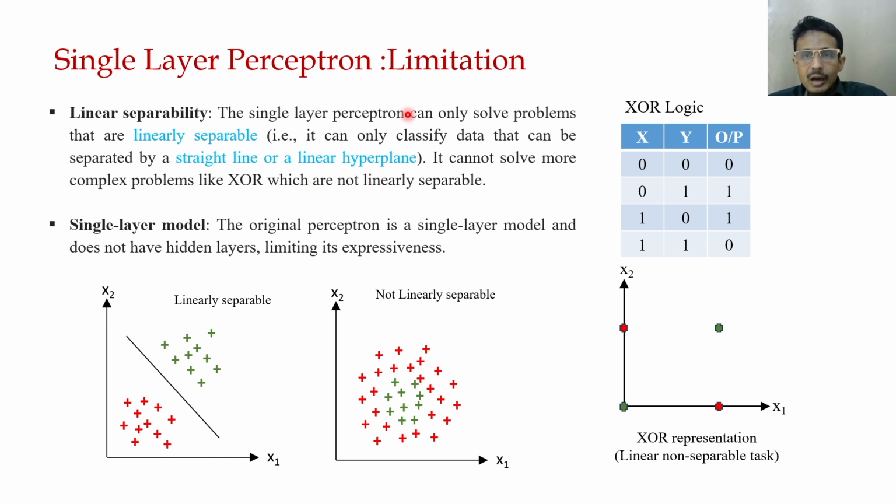For example, we have seen that the AND gate or OR gate can be modeled by a single perceptron, but the XOR gate it cannot model. You can see in the XOR gate that there is no single straight line that can separate these two classes of data points. To mitigate this problem, we introduce another perceptron called the multi-layer perceptron.